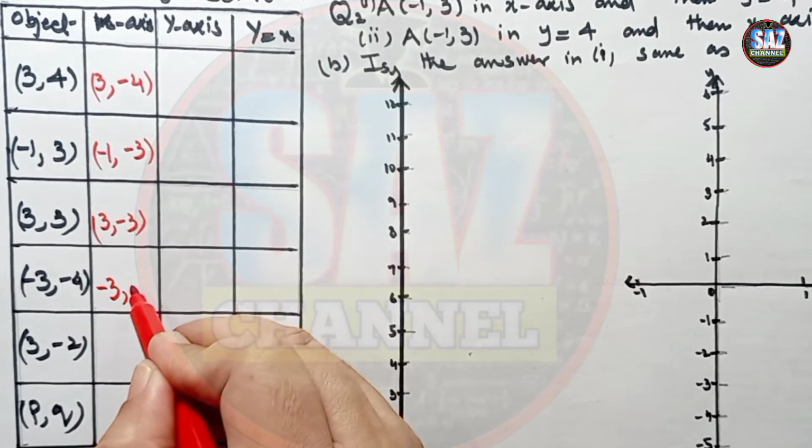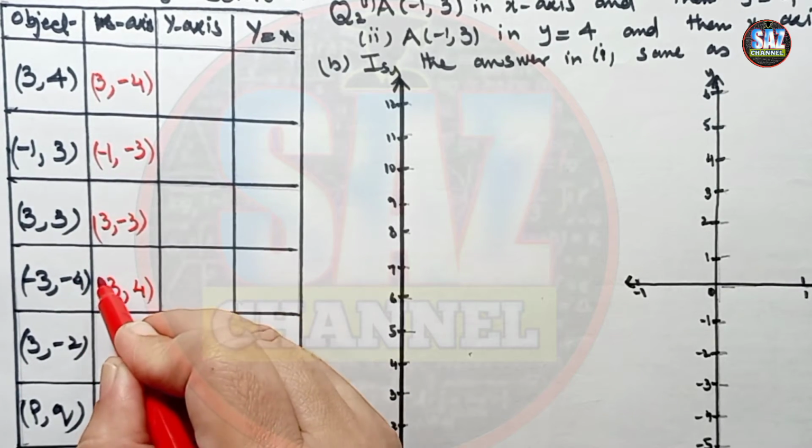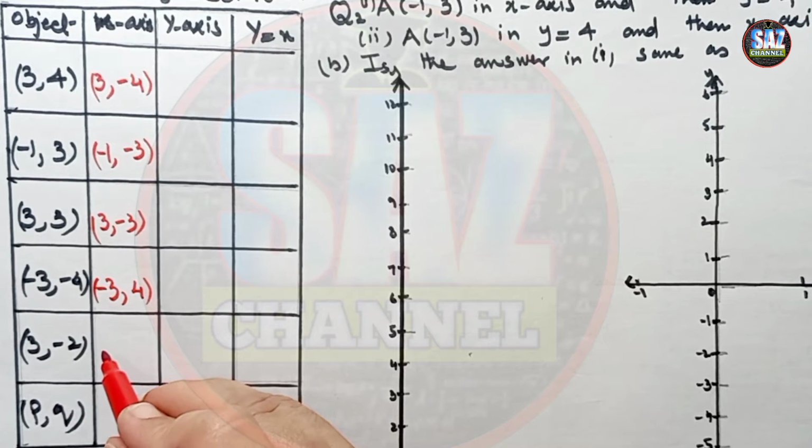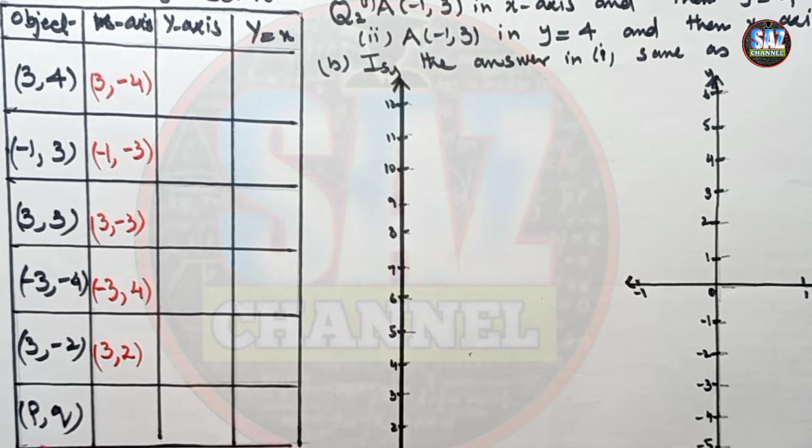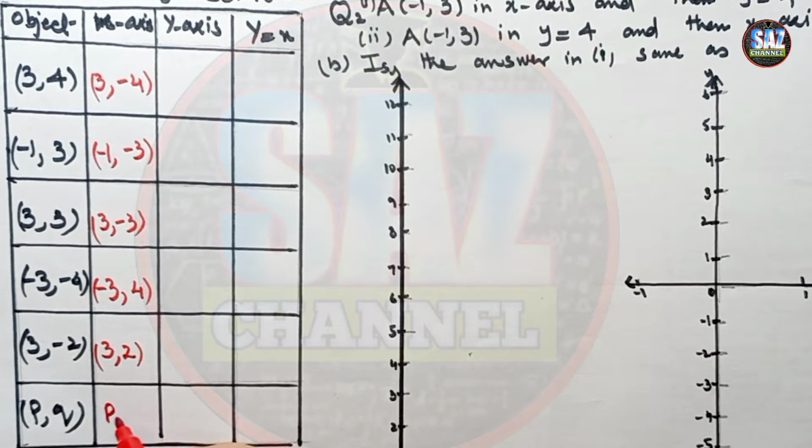This was already negative, so after changing the sign it will become positive: minus 3 and 4, 3 and positive 2. We do not know the values of p and q, but as q is positive, reflection in the x-axis will change q into minus q.